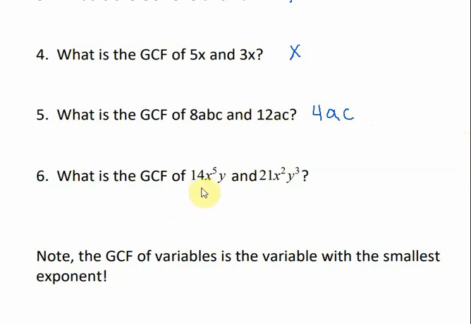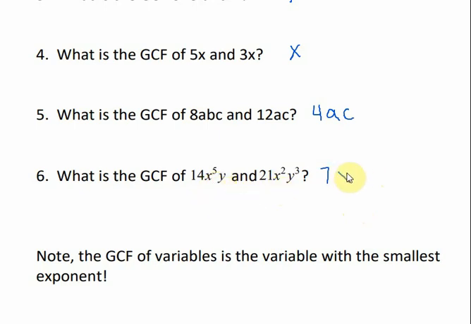All right, the greatest common factor of 14x to the 5th y and 21x squared y to the 3rd, let's break this up again. If we look at the number part, what's the greatest common factor between 14 and 21? That would be 7. And we see that they both have x's and they both have y's, right?